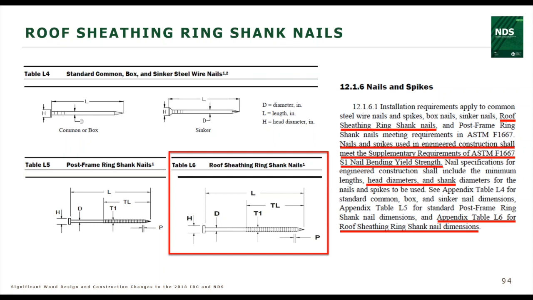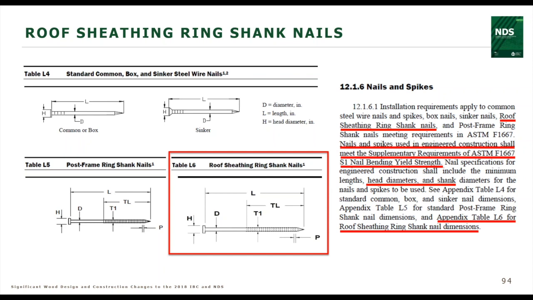So as I mentioned, the addition of roof sheathing ring shank nails in F1667 allowed us to add some additional language in our standard. So the roof sheathing ring shank nails are included in section 12.1.6 now, and a new appendix table L6. There is some clarification in this standard that they do have to be the ASTM standardized nails, and they need to meet the requirements for the nail yield strength.